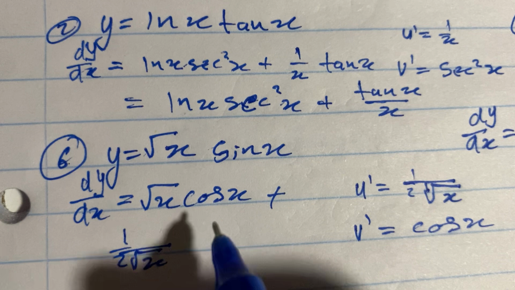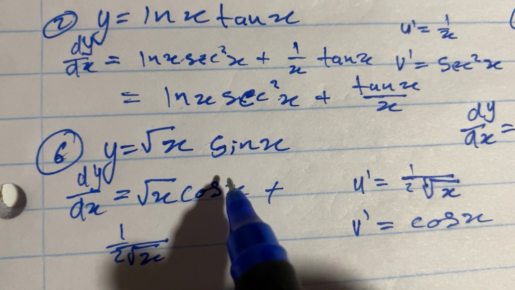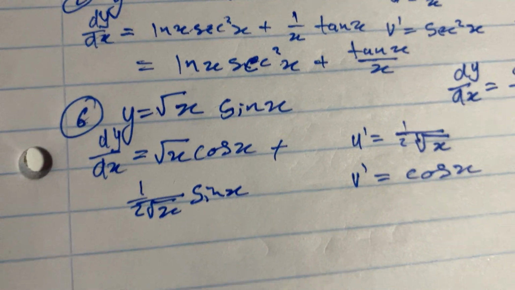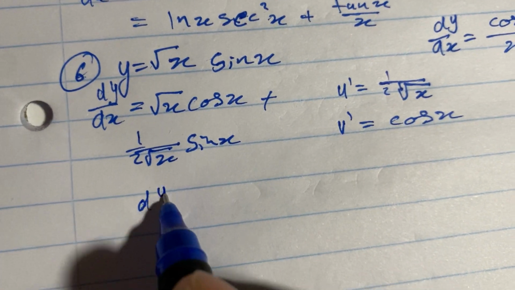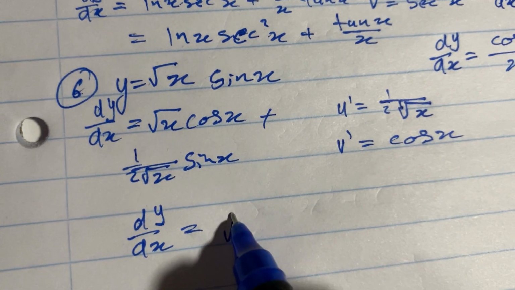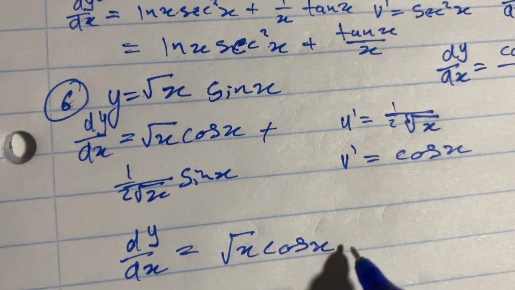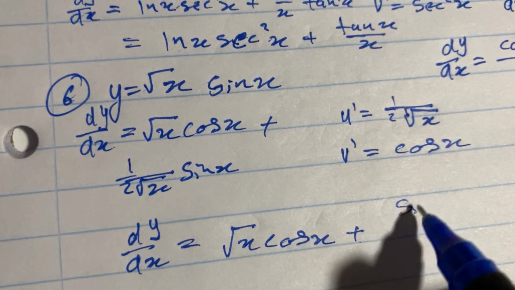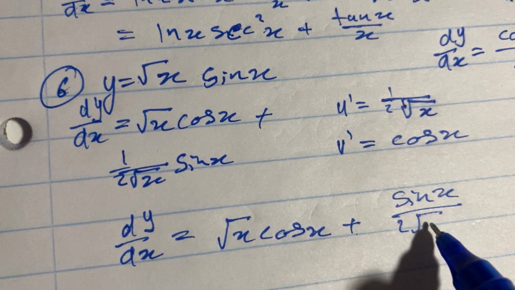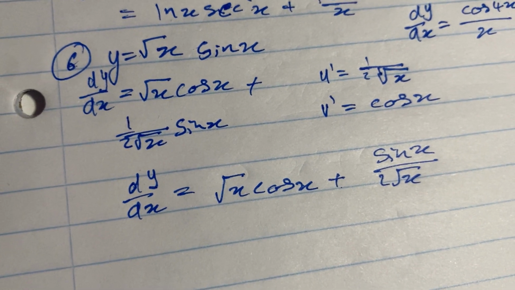Note that the square root is in the denominator, and then it is times sine x. So this will just go to the numerator. So if you write it down in a very nice form, it will be square root of x cos of x plus sine of x divided by 2 square root of x. Okay, so now that will be your final answer.